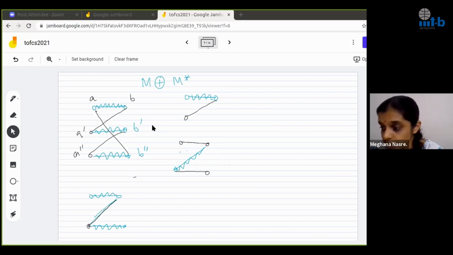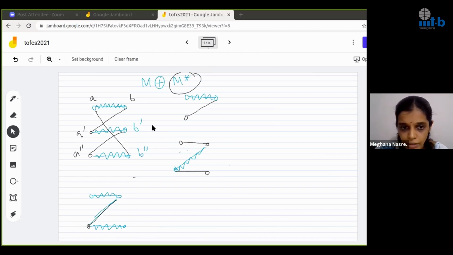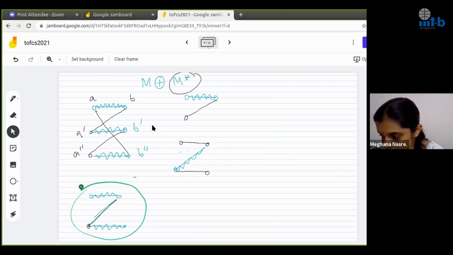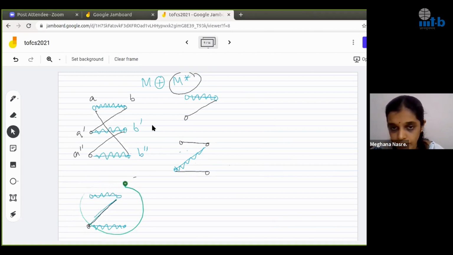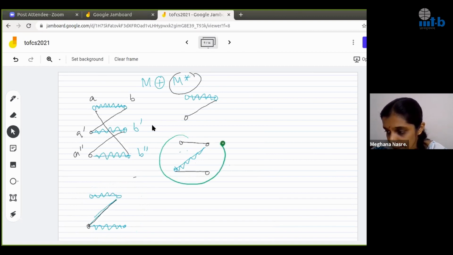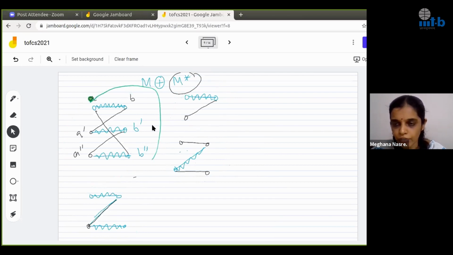Correct. So we have assumed that this M star that we have taken is a maximum cardinality matching, so you cannot increase M star. In fact, with respect to M star, there are no augmenting paths. This path that we have drawn here is an augmenting path with respect to M star, versus this path is an augmenting path with respect to M. So M alternating paths are possible which contain the same number of M and M star edges, or there can be M alternating cycles which also do not change the cardinality of M or M star.